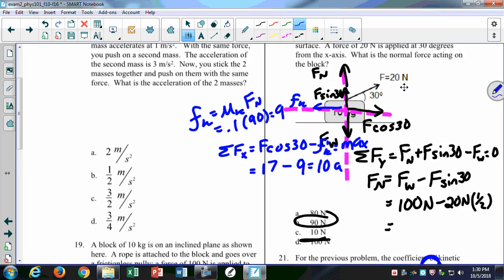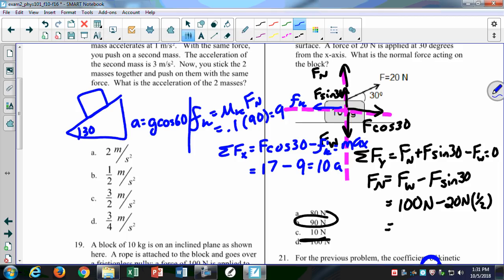With an inclined plane like this, the acceleration down the inclined plane is always equal to g. If this is, say, 30, it's always equal to g cosine of 60. It's always g times the cosine of a complementary angle, if there's no friction.